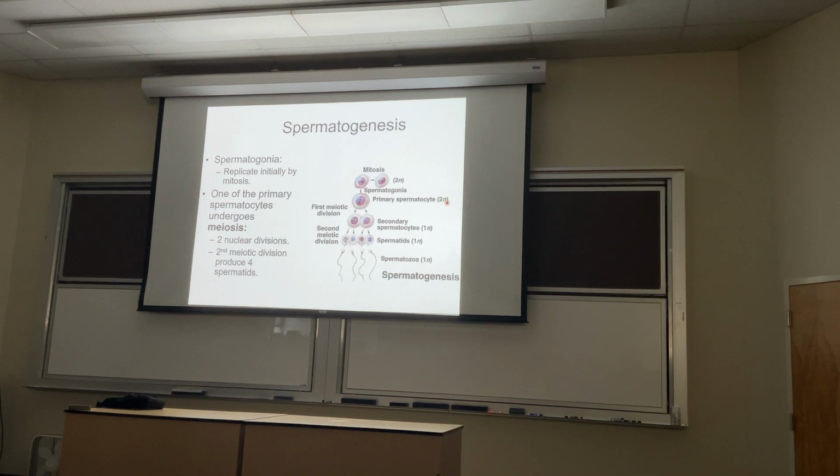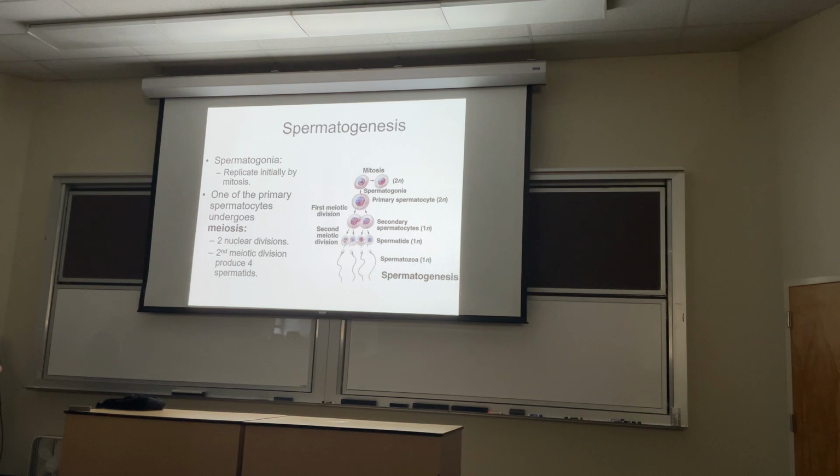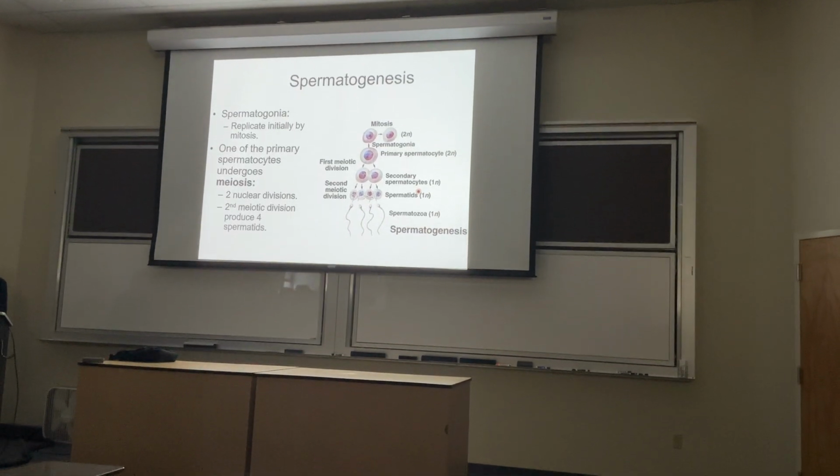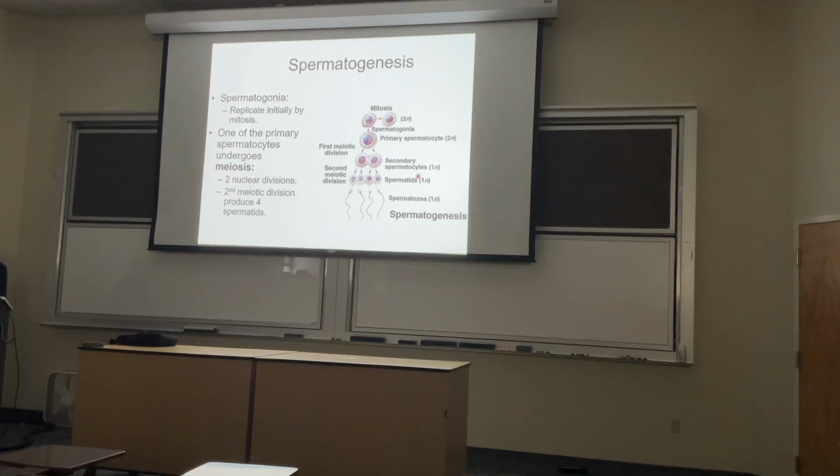Now, the primary spermatocytes will then divide, the first cell division, into 2 secondary spermatocytes. Notice that each daughter cell, each secondary spermatocyte, is now 1N. They're haploid.